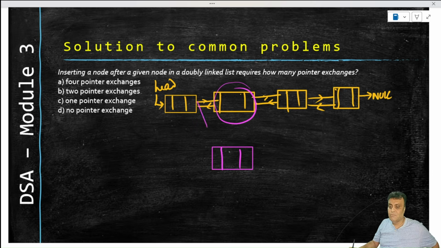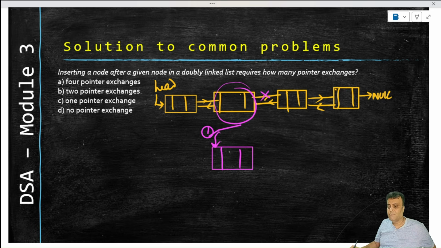We are talking about insertion, right? I thought we were talking about deletion, my bad. Let me go back. So we have this new node, we want to insert it after this node. If you insert it after this node, this pointer is invalid. So this pointer has to come here, that is one pointer exchange.